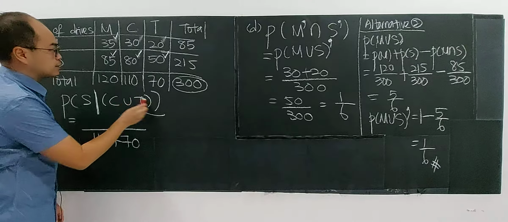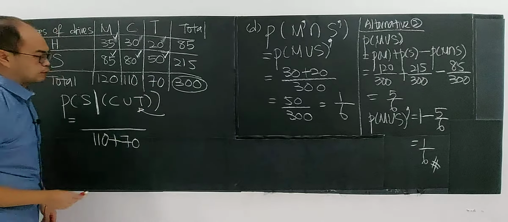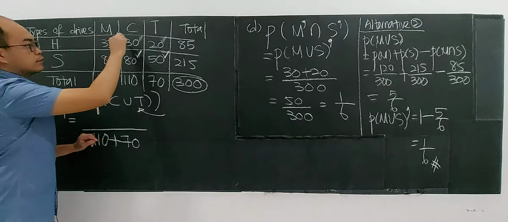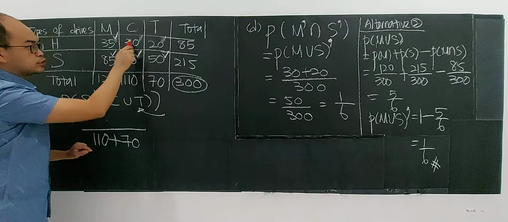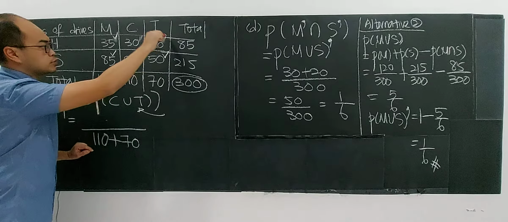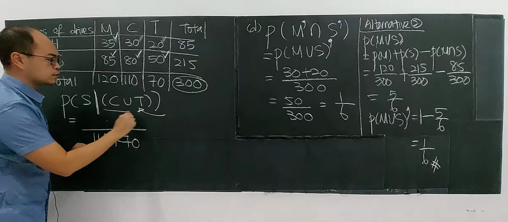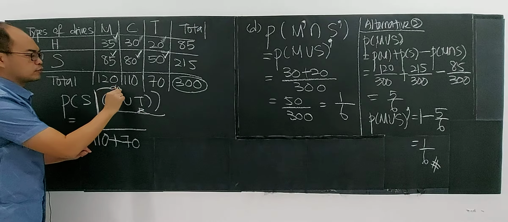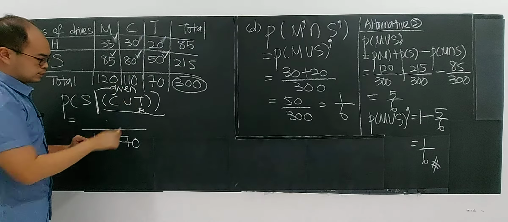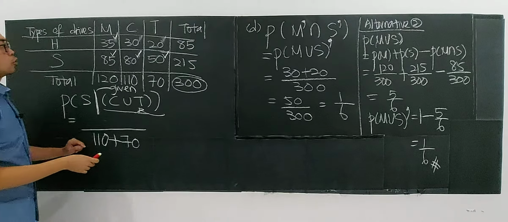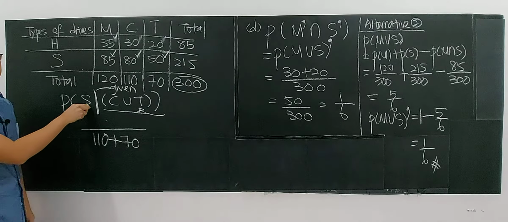So the numbers you choose from must be in these regions because they are already given. You must understand the meaning of given. It is told to be from here, 70 plus 110.